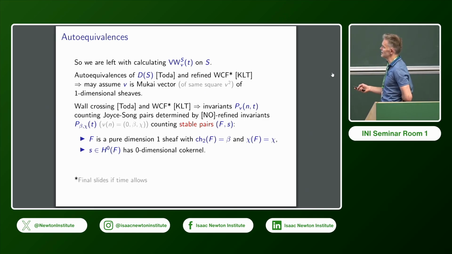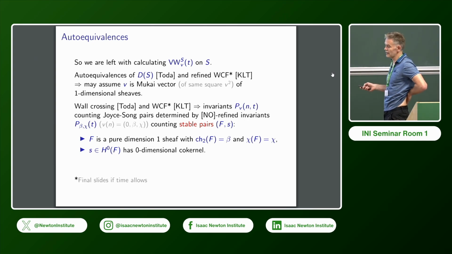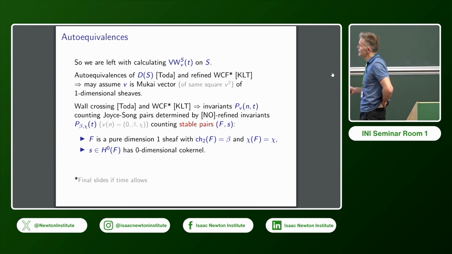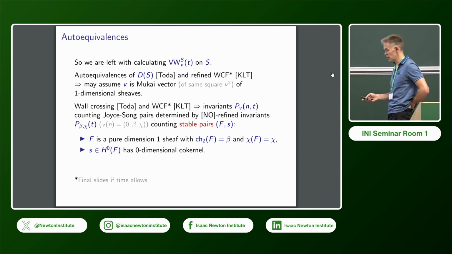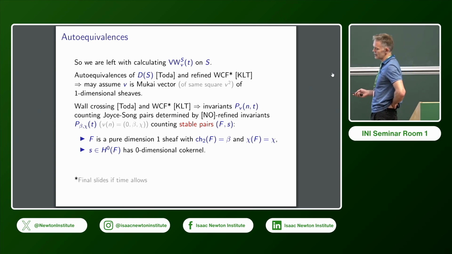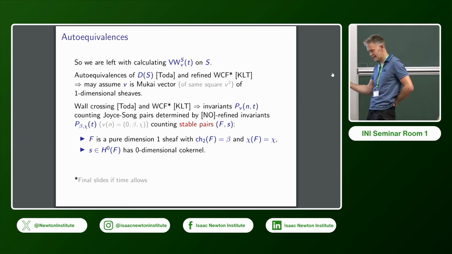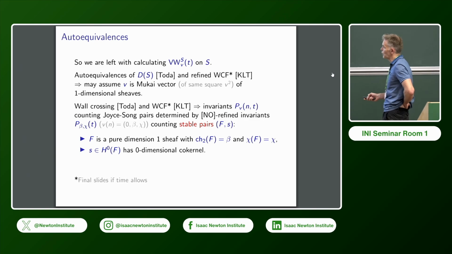So we're now counting stable pairs with a different stability condition. Again, what we have is a dimension 1 sheaf, but instead of asking that it be semi-stable, we ask it has pure dimension 1. So it doesn't have any zero-dimensional subsheaves. And then instead of asking that the section doesn't factor through any semi-destabilizing subsheaf, we ask that the section has zero-dimensional cokernel.